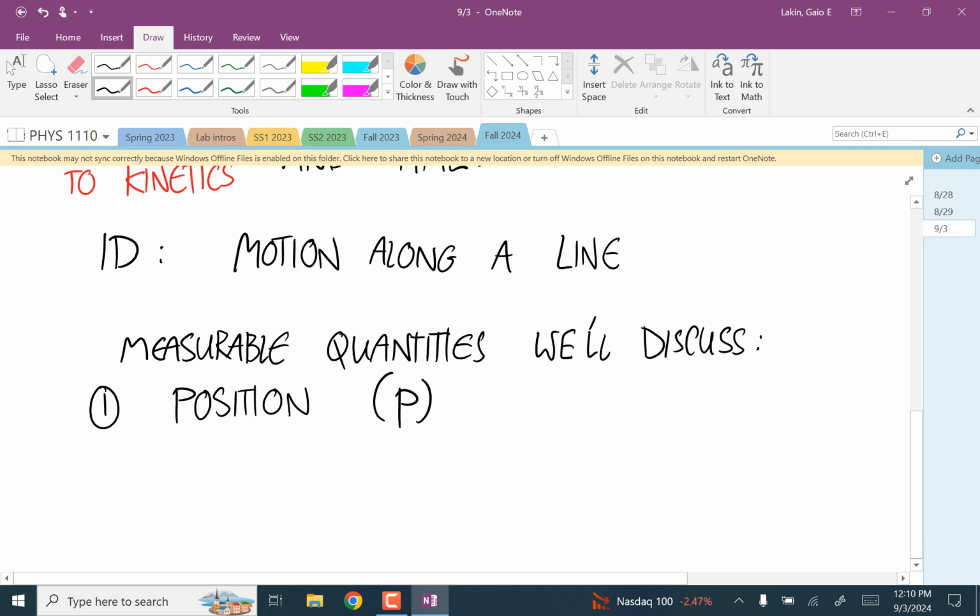And in the same category as position, I'm going to mention displacement. We'll hear that a little bit, but you're really just subtracting two positions to get a displacement.